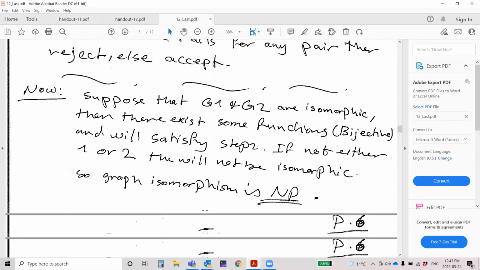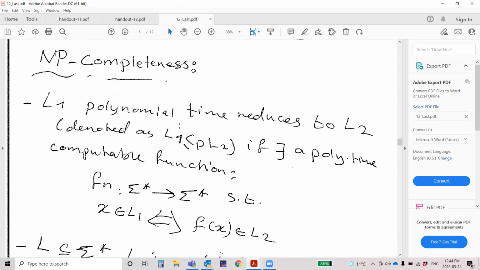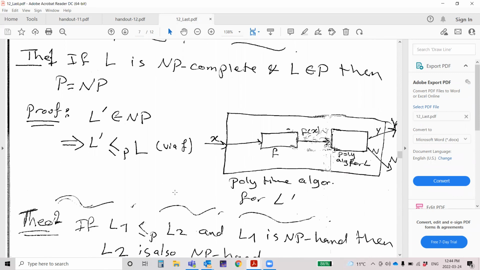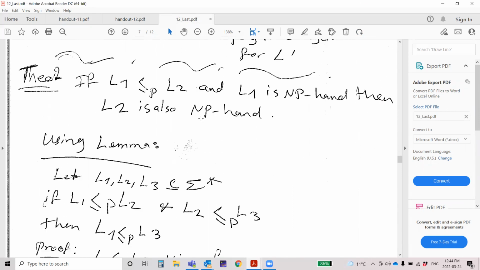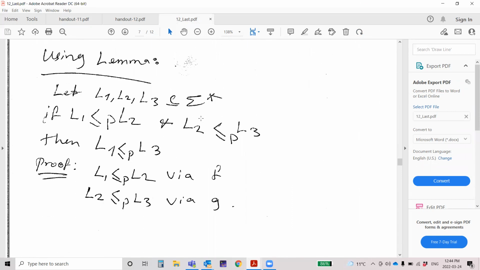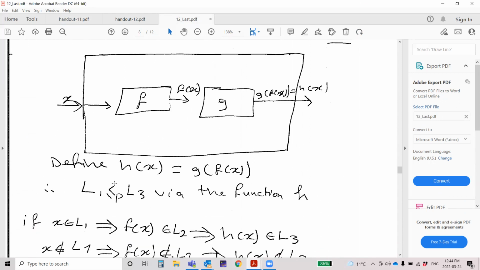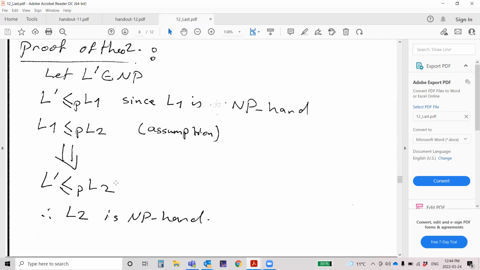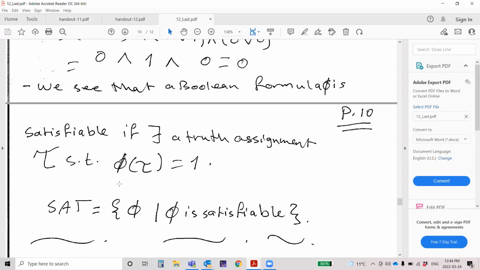Here we'll start talking about NP and the complement of NP, and NP completeness. This is a clearer version of what we have in the handout. Here we will do how we prove the reducibility, also by a graph, the proof of theorem 2, the Cook-Levin theorem, how we will prove it.